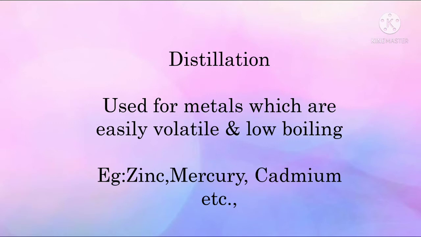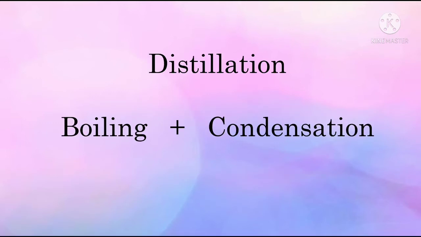Volatile, we have learnt already, means easily evaporating substances. And we also know distillation comprises two processes, that is boiling and condensation. Boiling is a change of state from liquid to gas, and condensation is the reverse, that is, a gas is again condensed into liquid.